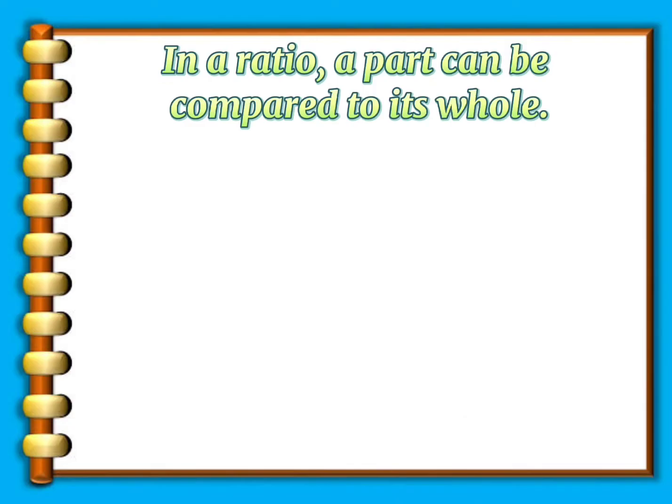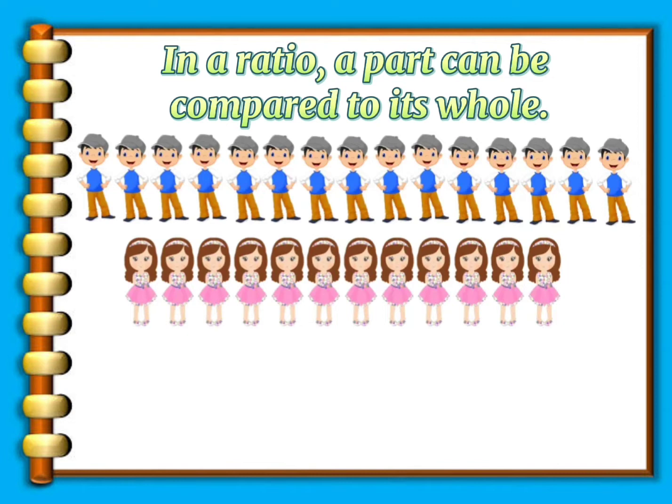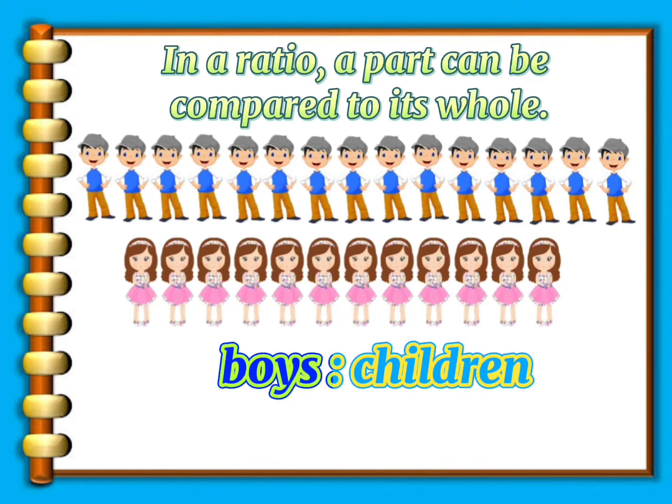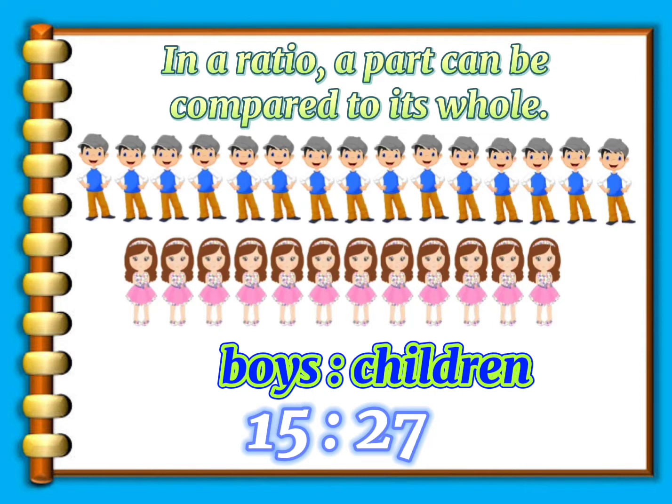In a ratio, a part can be compared to its whole. In our given example, if we are going to get the ratio of the number of boys to the total number of children, then our answer will be 15:27. Saan nga ba natin nakuha ang 27?